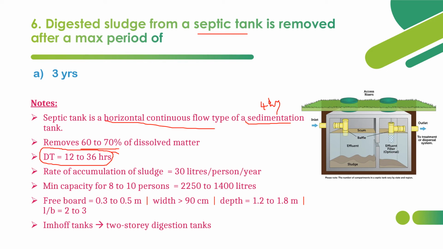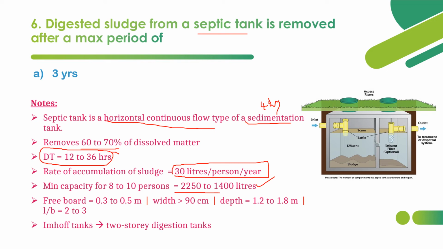And the rate of accumulation of sludge shall be basically 30 liters per person per year. This is the ordinary value. And the minimum capacity of a septic tank for 8 to 10 persons shall be 2250 to 1400 liters. So these are some basic values adopted while designing septic tank.